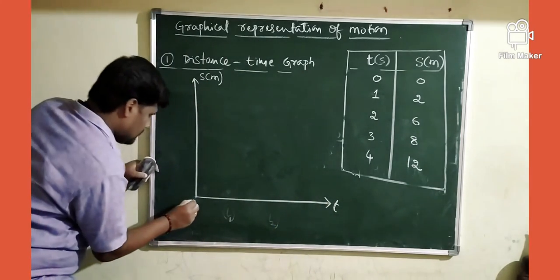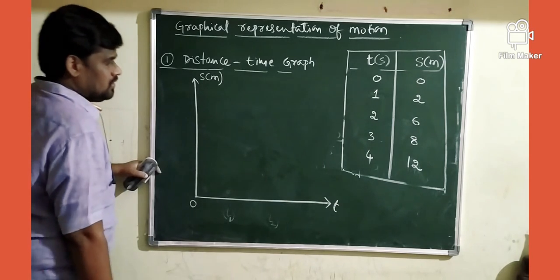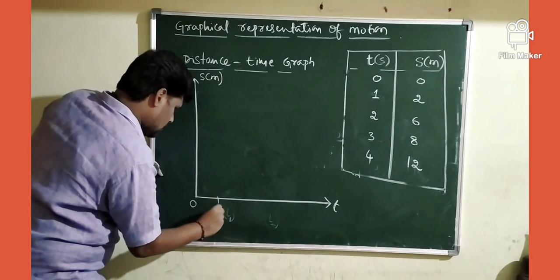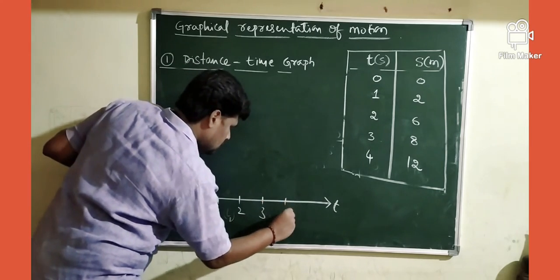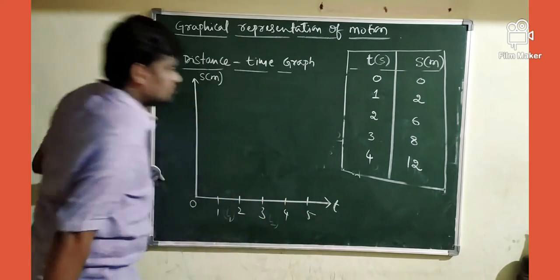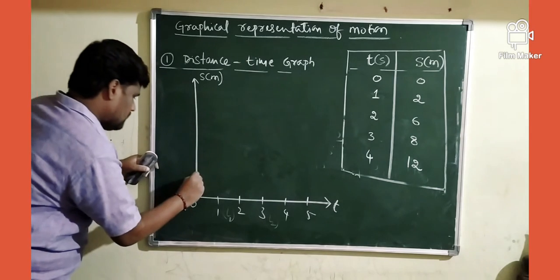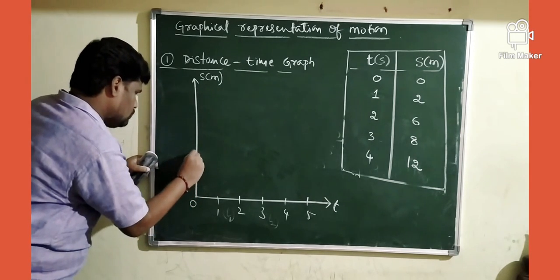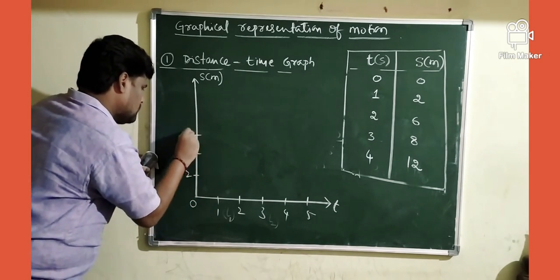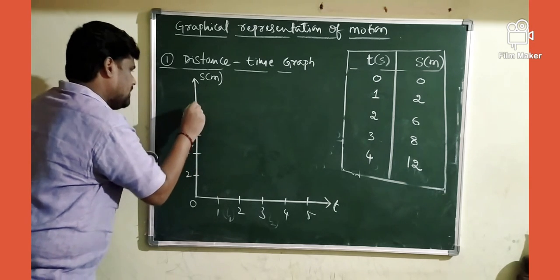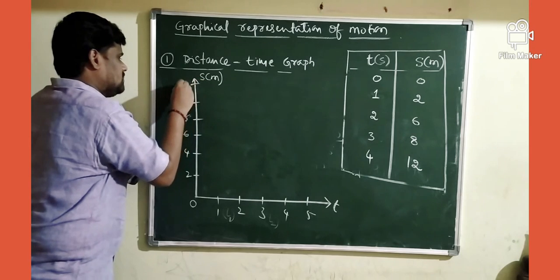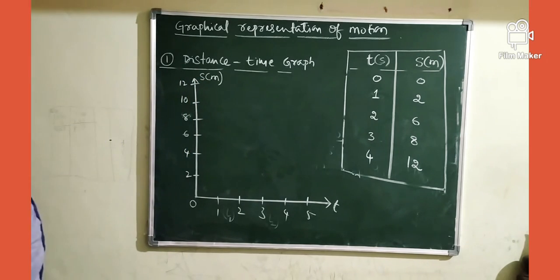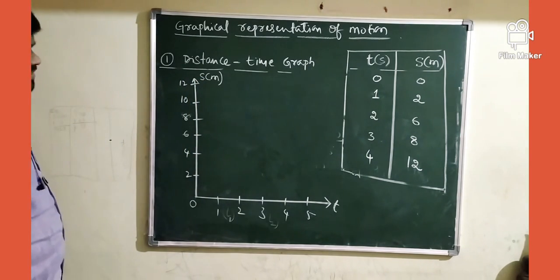I will choose a proper scale: on the x-axis 0, 1, 2, 3, 4, 5, and so on; on the y-axis 2, 4, 6, 8, 10, 12. Distance is in meter and time is in second.